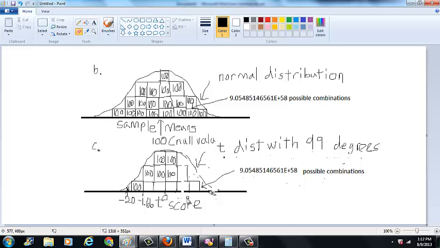We labeled our critical value. Now we can put a dotted line above our critical value, and then we can label this area as being the rejection region.